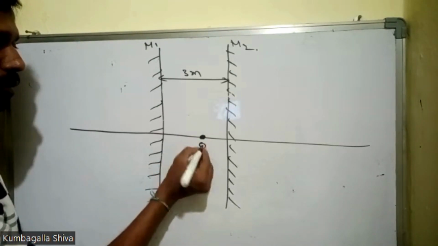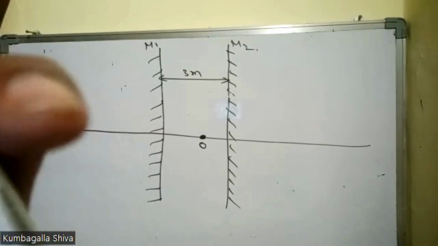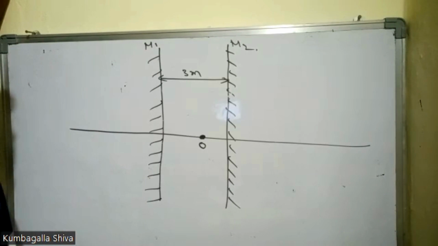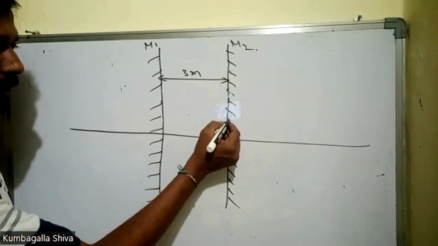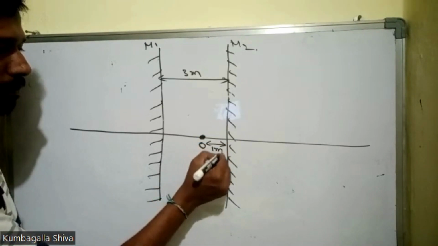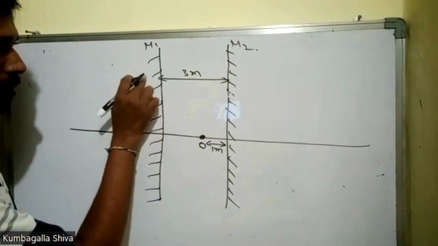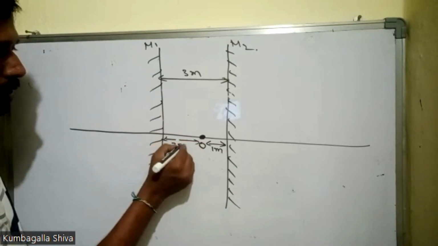I name it as O. So when it is from the M2 mirror, it is at a distance of 1 meter, and from the M1 mirror, it is at a distance of 2 meters.